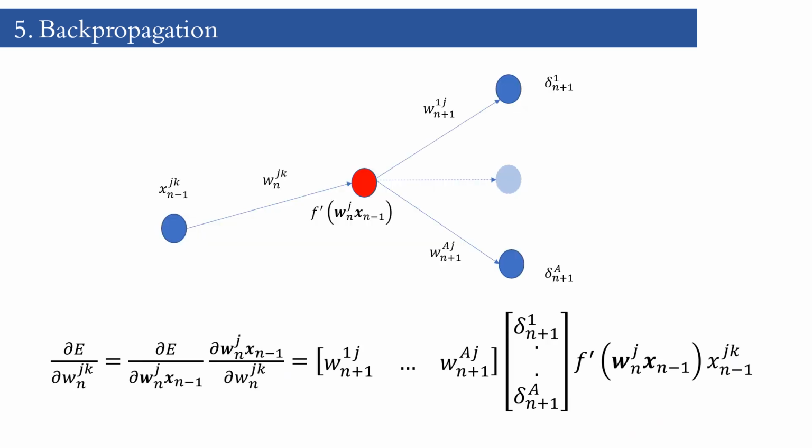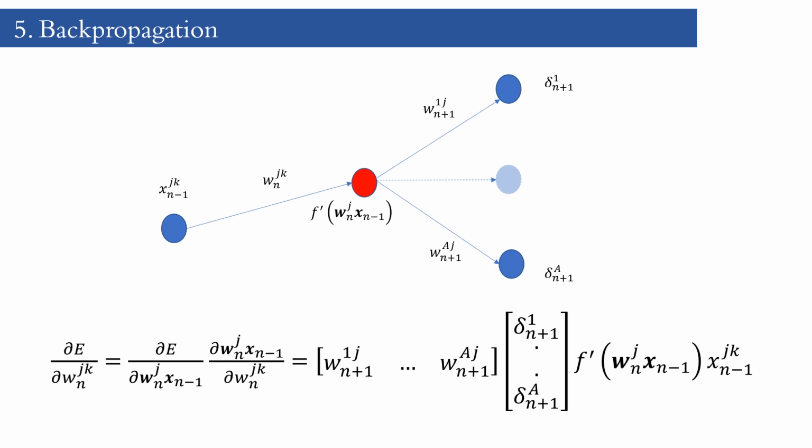Here let's summarize how backpropagation works. If we consider an arbitrary node j in layer n, we are targeting in solving for its incoming weights Wnjk. In order to do that, when we use gradient descent, we are interested in finding the derivative of the error with respect to those incoming weights, E upon Wnjk.